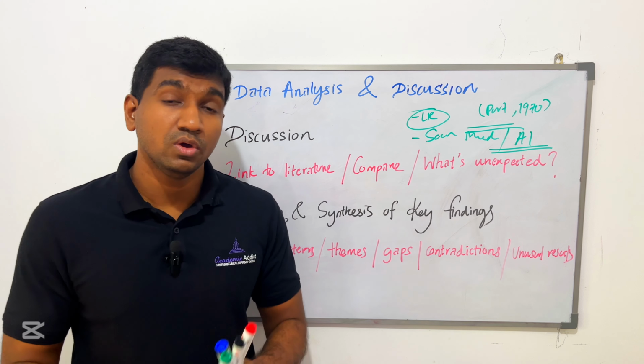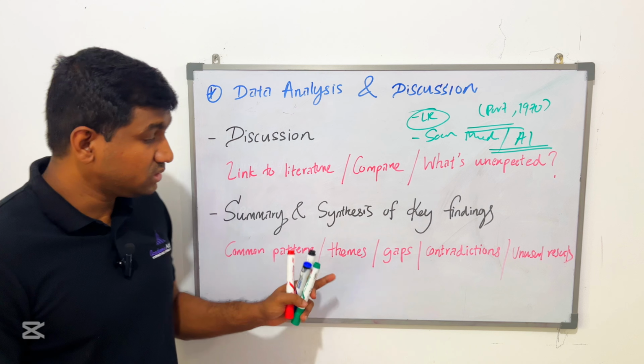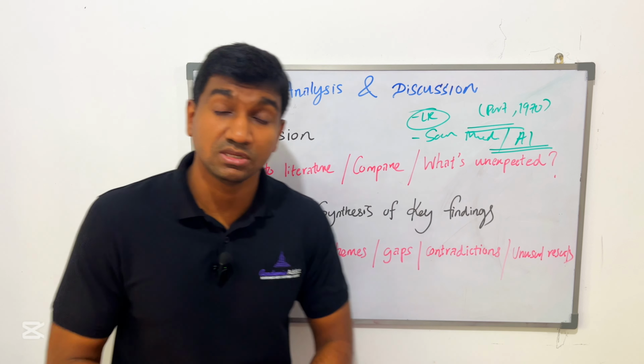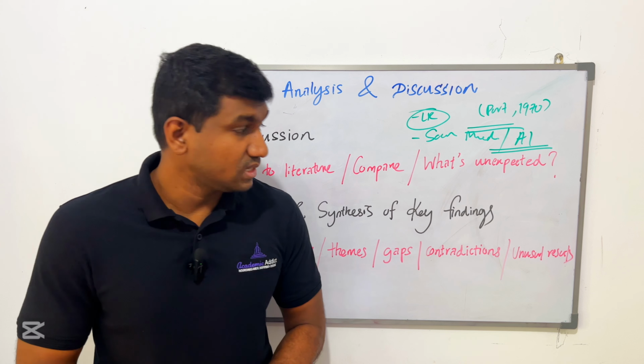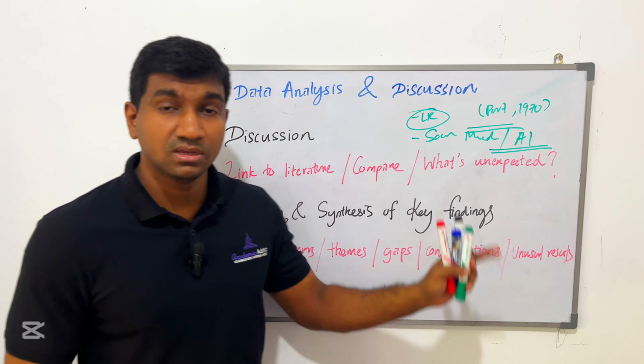That is how you make this project a critical project. So when you do this, you talk about the negative side, contradictions, unusual results, and if you can justify them also, you can go for a higher grade. So that's the importance of this synthesis and discussion, right?